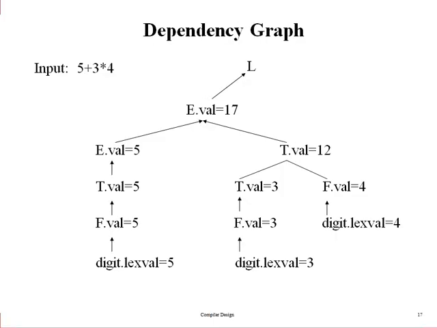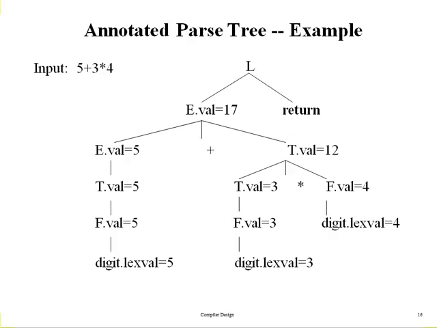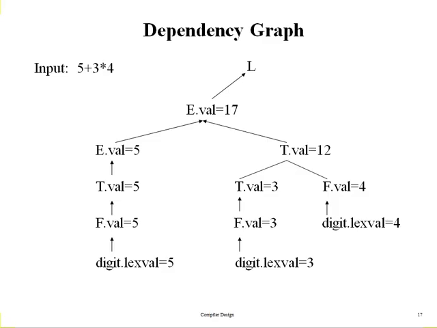And this is the dependency graph for the annotated parse tree. We can use a dependency graph to show the order of evaluation, how the attributes are calculated for each grammar symbol in the parse tree.